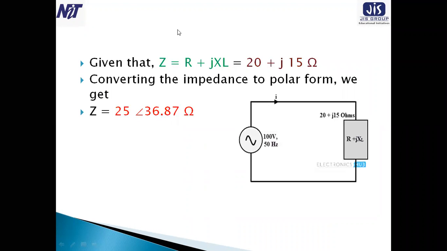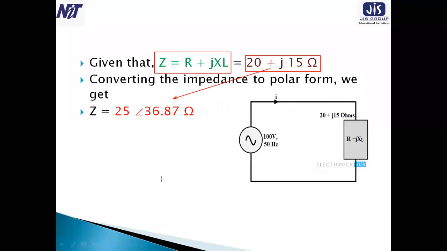So here it is given that Z equals R plus jXL. The value given is 20 plus j15. So this one is already given in the problem. Now converting the impedance to polar form, we get Z equals R plus jXL, that is 20 plus j15, but here it is given 20 angle 36.87 degree.